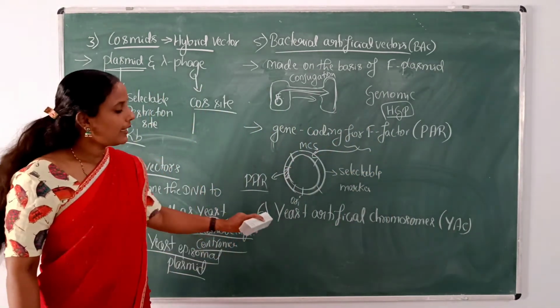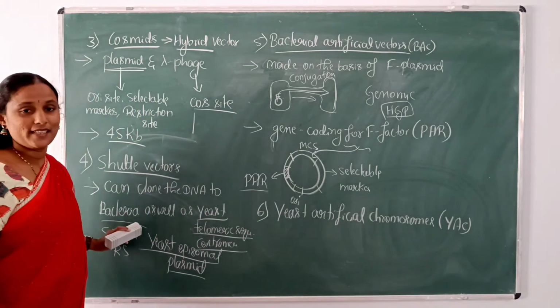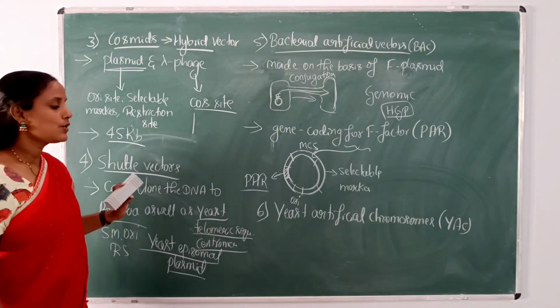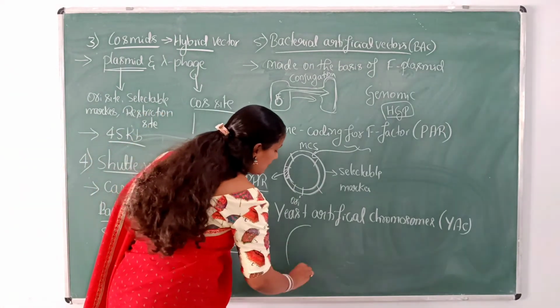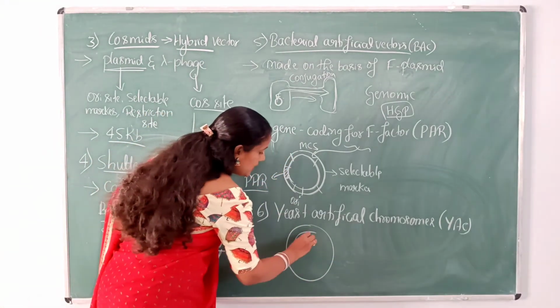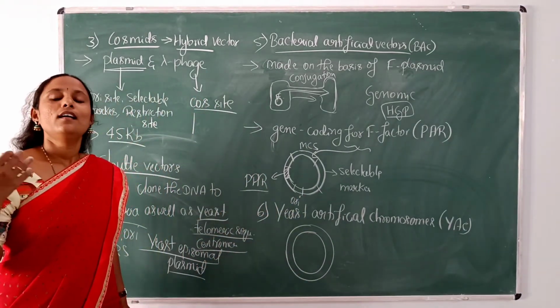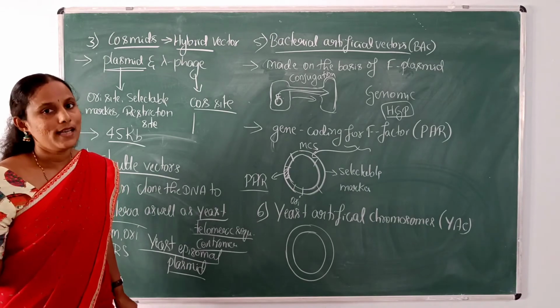So here it is a kind of shuttle vector. Yeast artificial chromosomes are a kind of shuttle vector. We have studied this here, right? Which means it is a plasmid constructed in such a way that it can replicate both in bacteria as well as yeast.